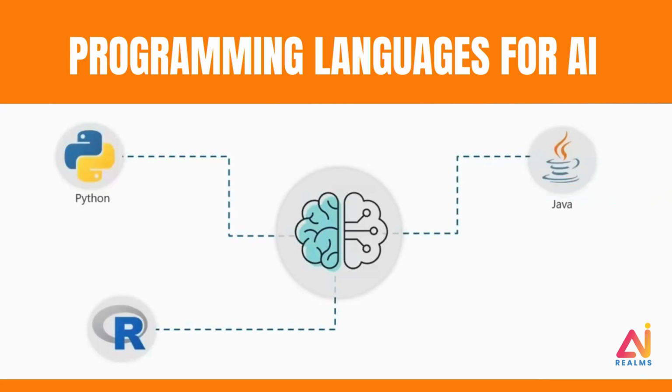So R is also a very good choice if you want to get started with programming languages for machine learning or AI. Apart from this, we have Java. Java can also be considered a good choice for AI development. Artificial intelligence has a lot to do with search algorithms, artificial neural networks, and genetic programming, and Java provides many benefits.